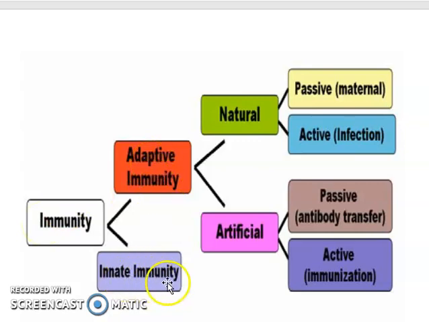First is innate immunity, and second is adaptive immunity. And adaptive immunity is again classified as natural and artificial immunity. Natural is again divided into active and passive immunity. Similarly, artificial is divided into two types, active and passive immunity.